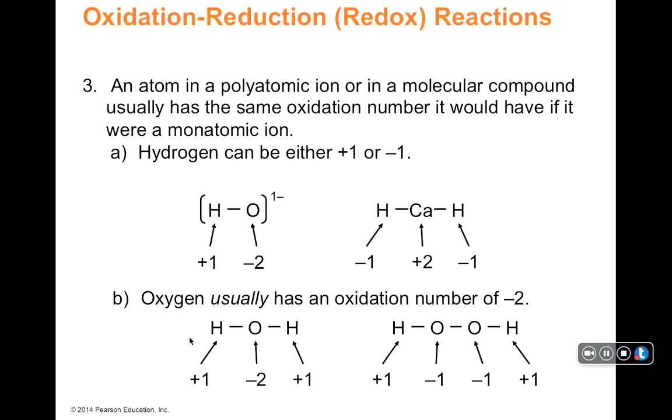So when oxygen can be a -1, it's typically never a positive oxidation number. But if you take the oxygen to be an oxidation number of -1, then you can see how this might work. So if each oxygen atom has an oxidation number of -1, that's a -2, and then each of those hydrogen ions has oxidation numbers of +1, that's your +2, so it nets out to 0.